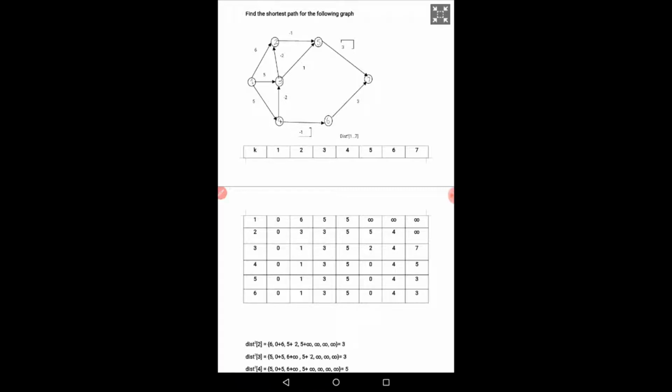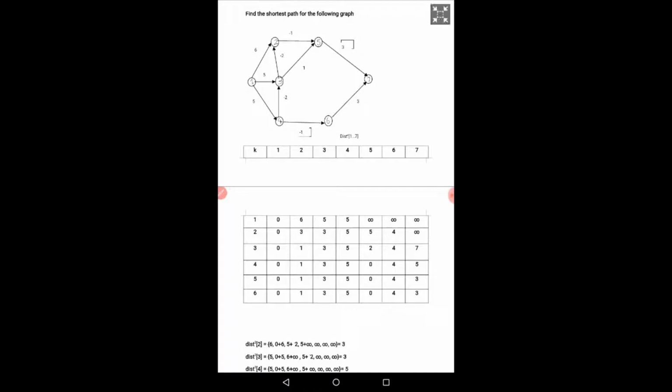Next we fill the remaining cells row wise: first row, then second row, then third row, like that until we reach the last row. The last row contains the answer.